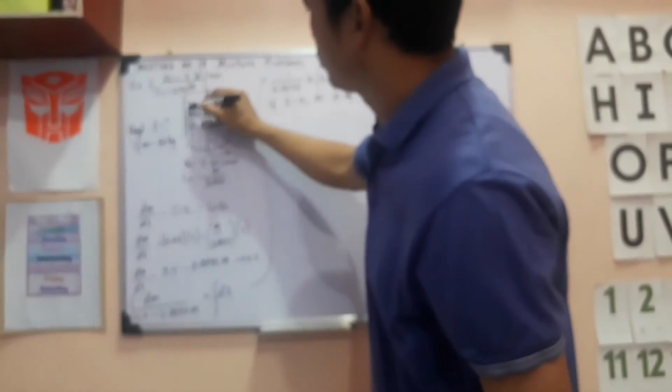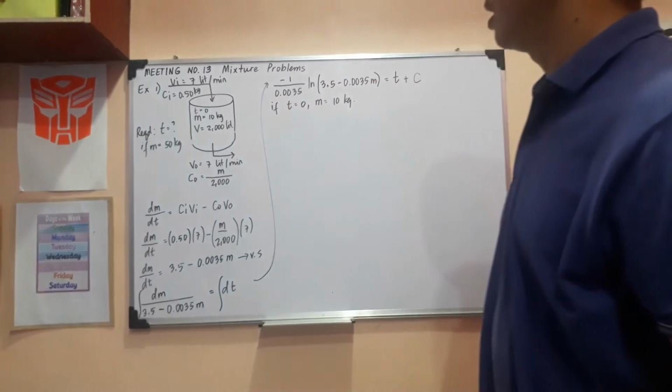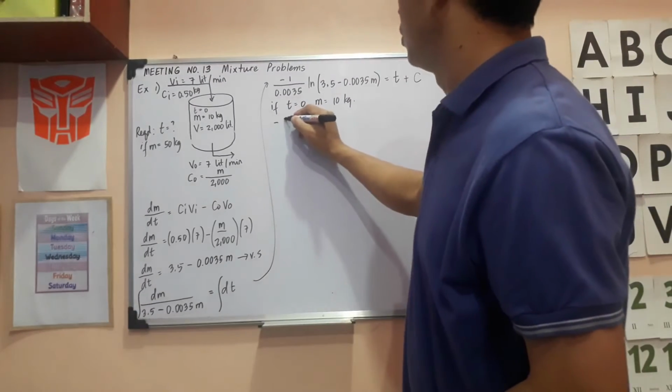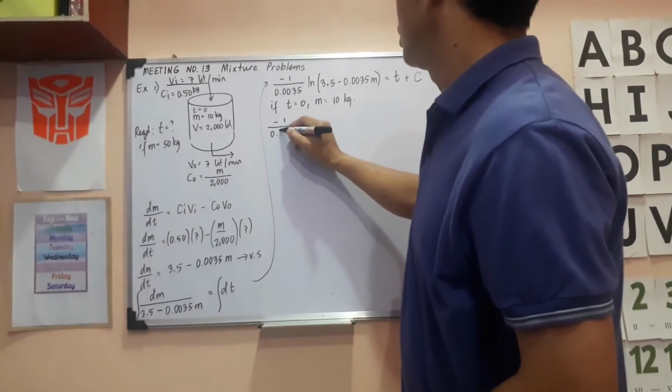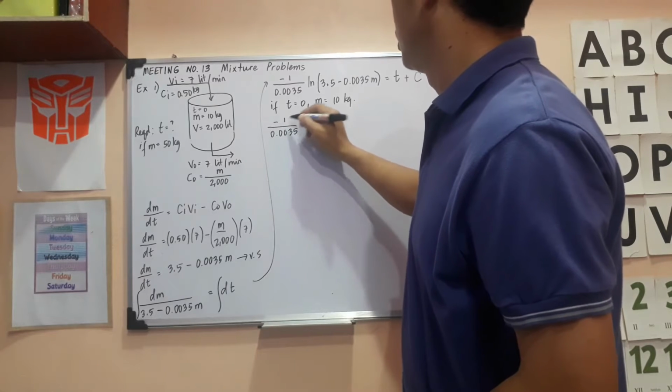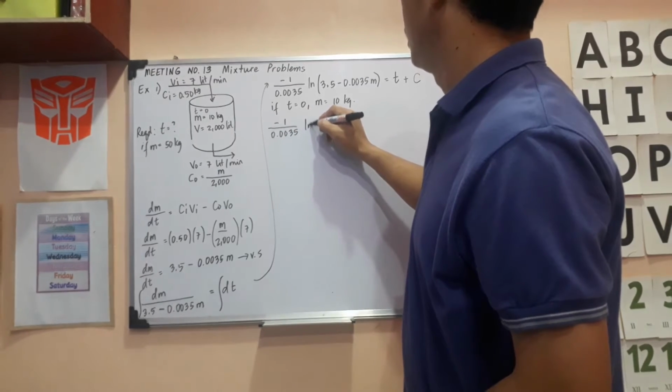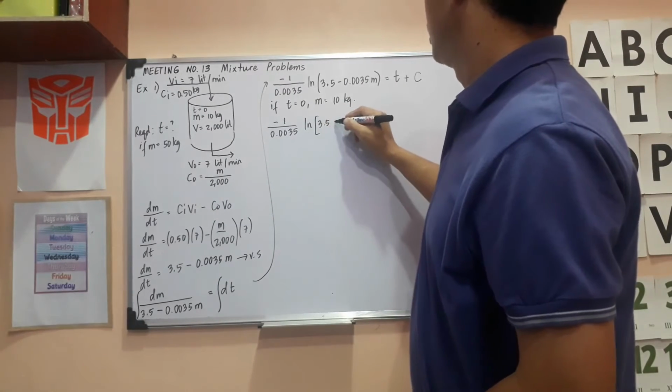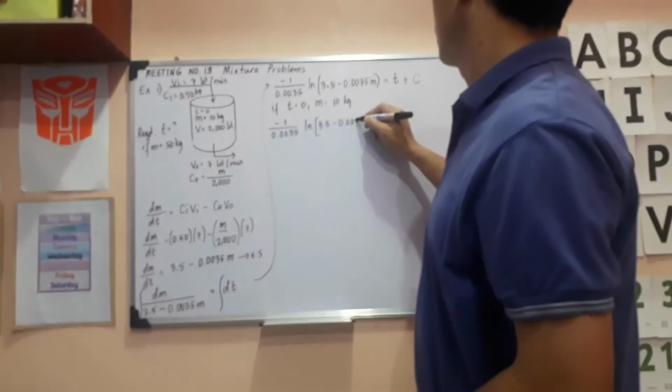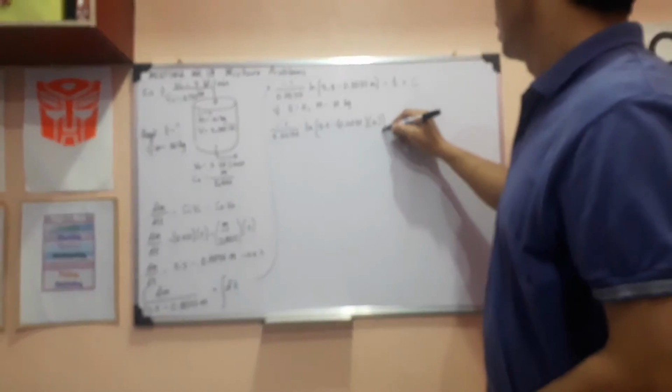So, time is equal to 0, the mass is 10 kg. So, substitute negative 1 all over 0.0035 and then ln of 3.5 minus 0.0035 times 10 and then is equal to 0 plus c.